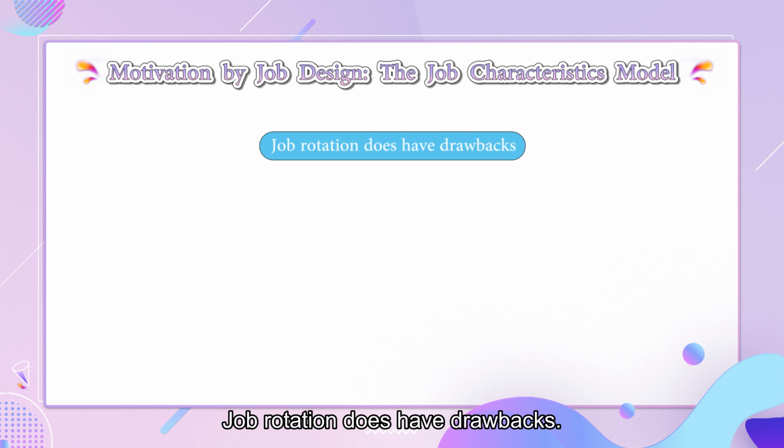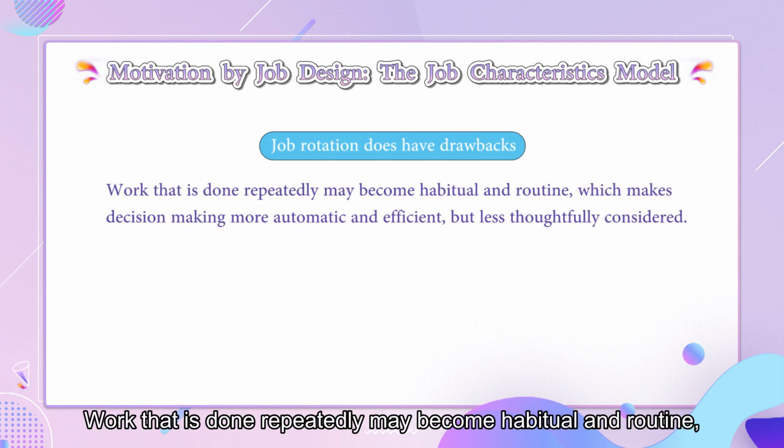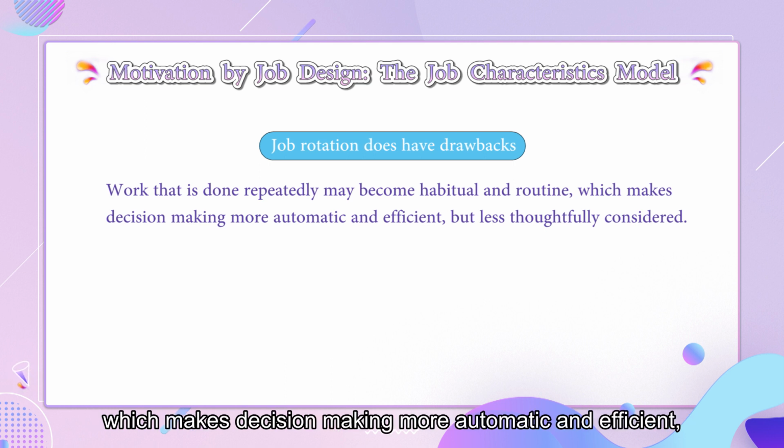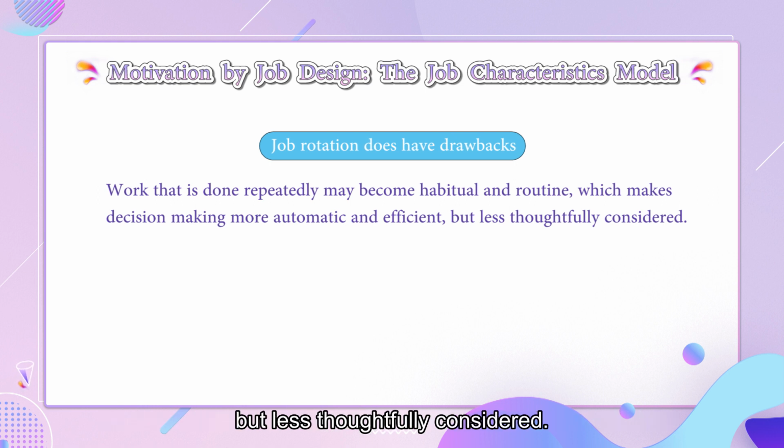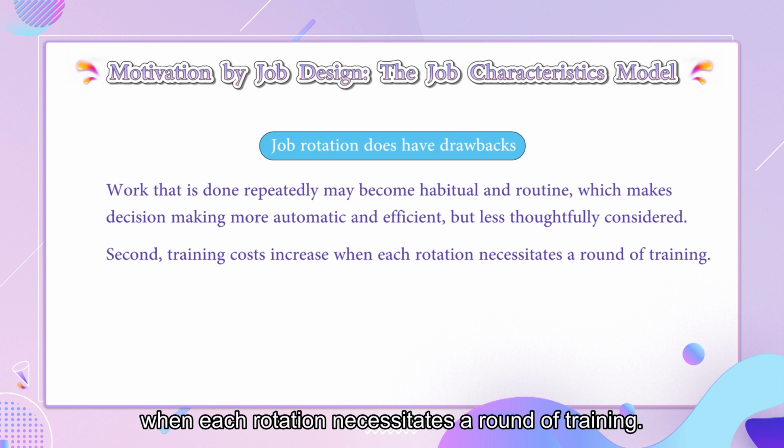Job rotation does have drawbacks. First, work that is done repeatedly may become habitual and routine, which makes decision-making more automatic and efficient, but less thoughtfully considered. Second, training costs increase when each rotation necessitates a round of training.